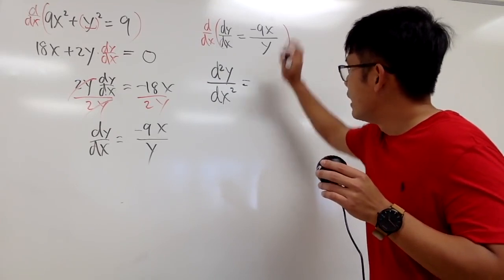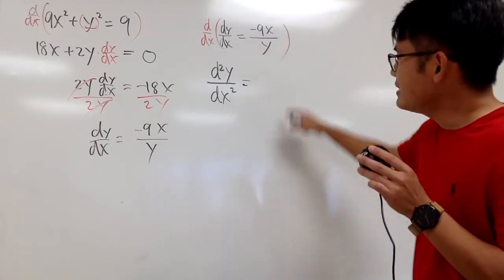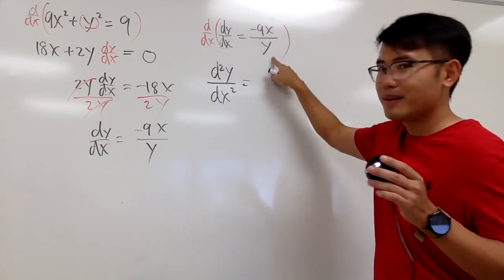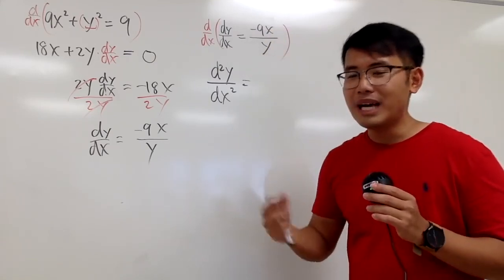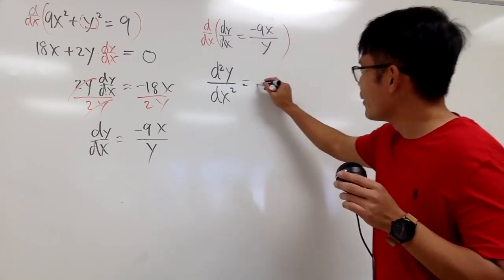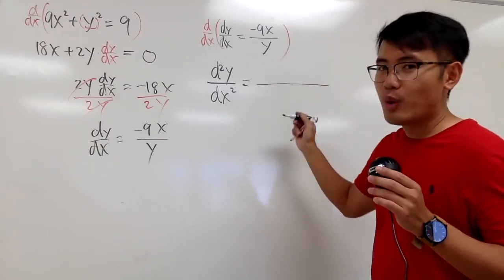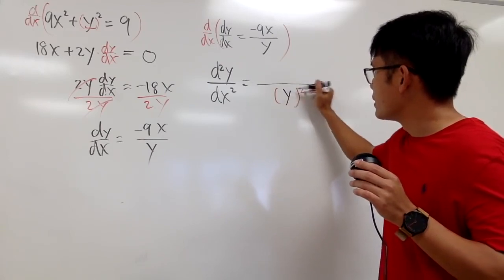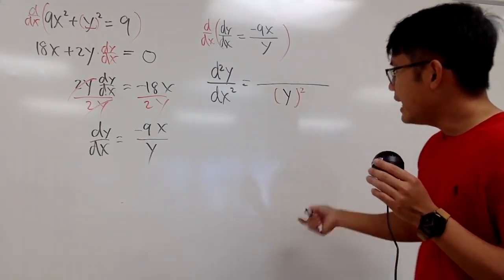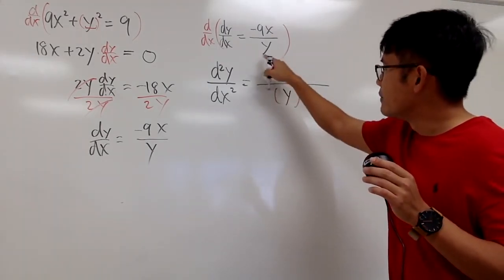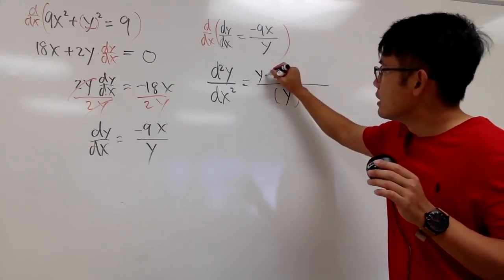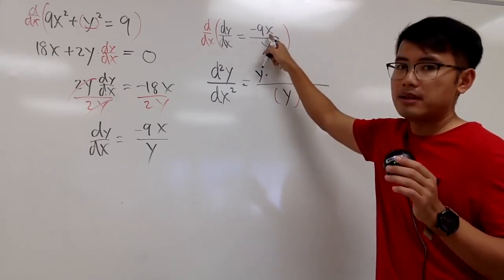Anyway, on the right-hand side, this is a quotient of negative 9x and y. To find the derivative, we have to use the quotient rule. So I'm going to first square the denominator. Namely, I put down the y and I'll raise that to a second power. And I will bring the bottom function up right here, which is y, and times the derivative of the top.